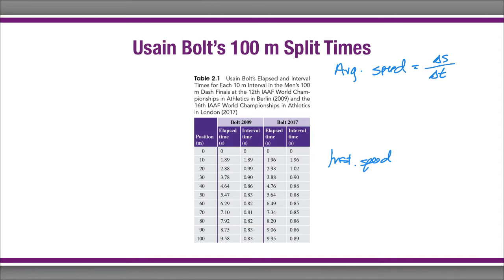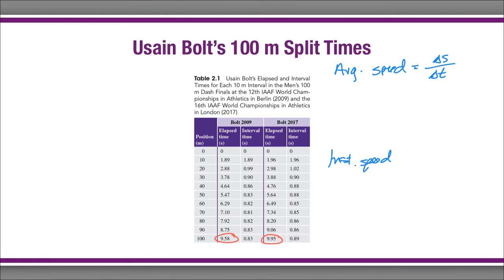This table is in your book, and there's a good explanation of it in your book as well. It depicts the time intervals of every 10 meters of Usain Bolt's 2009 World Championship win versus his 2017 World Championship loss. You can see his total time for each race was 9.58 and 9.95.